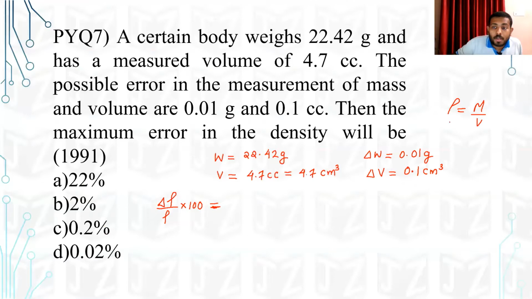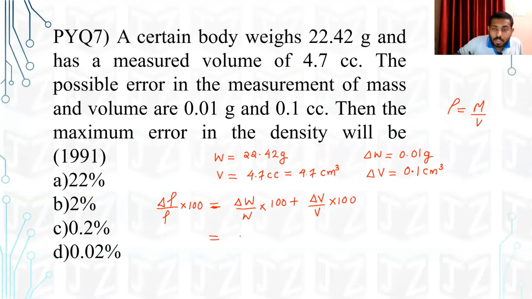So we have delta w by w into 100 plus the percentage of volume, that is delta v by v into 100.